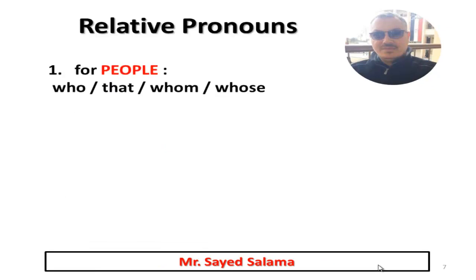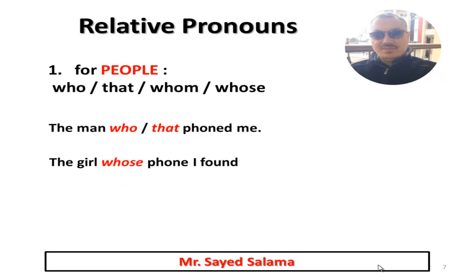For people, we use who, that, whom, and whose. The man who or that phoned me. The girl whose phone I found.